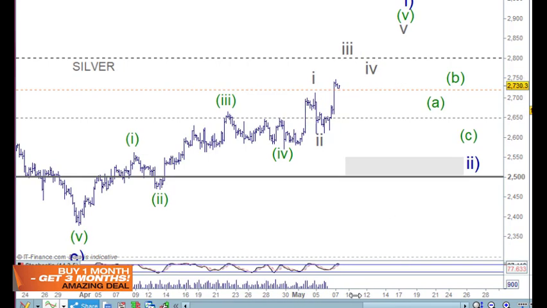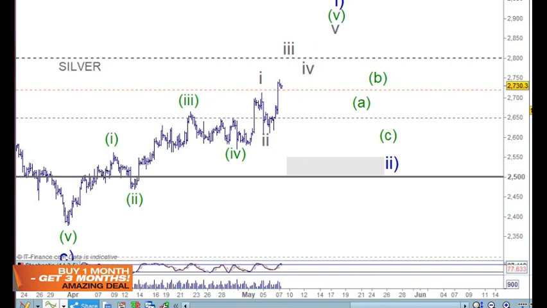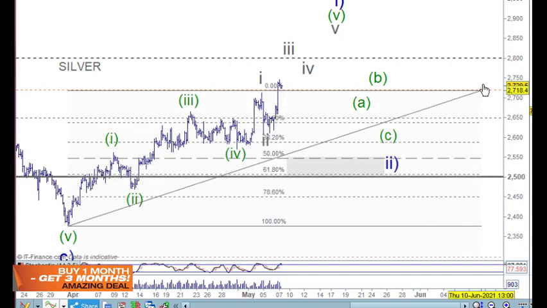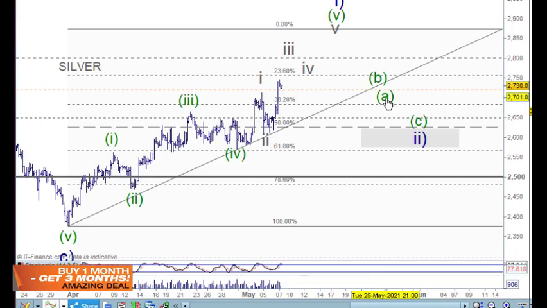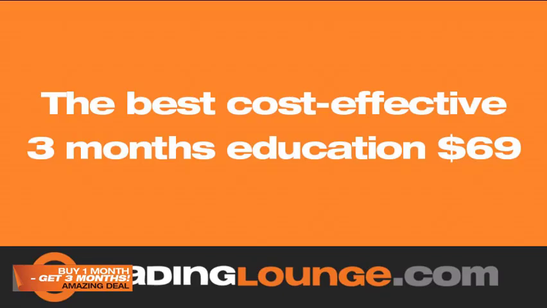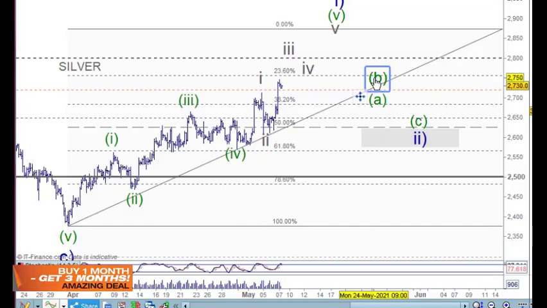And I'm just going to keep this count in the background here, because what it will mean for silver is that if that's correct, and we do push up to say somewhere up here somewhere, then we would need to be mindful of a retracement at that point for wave 2, you know. So this may not be the correct count, but it would be one count that we would need to consider.